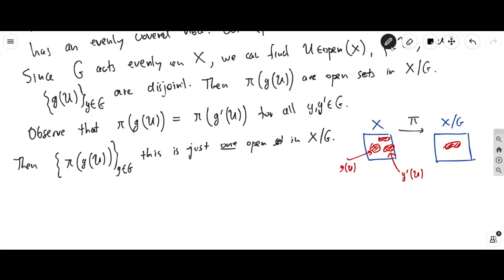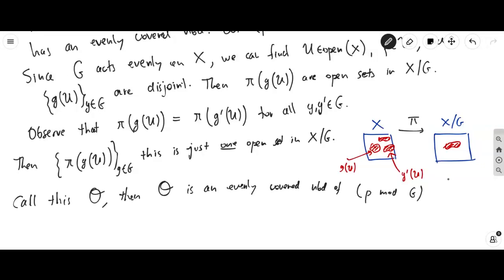Okay, so you give it a name. Call this O. And then O is an evenly covered neighborhood of P mod G. Maybe if this makes it a little bit easier, let's say all of these blue points are points that are equivalent to P mod G. They're different points, but when you apply pi, they end up in the same class.